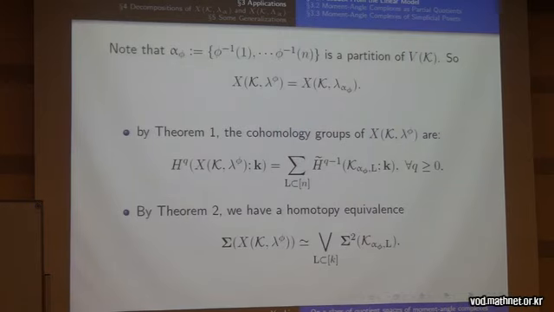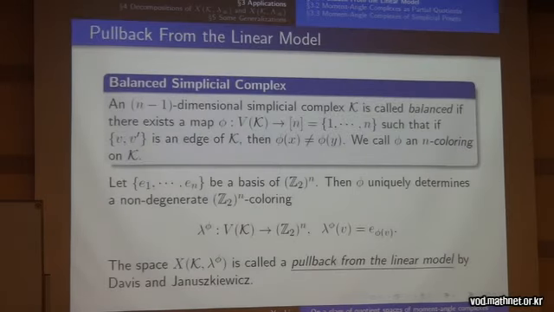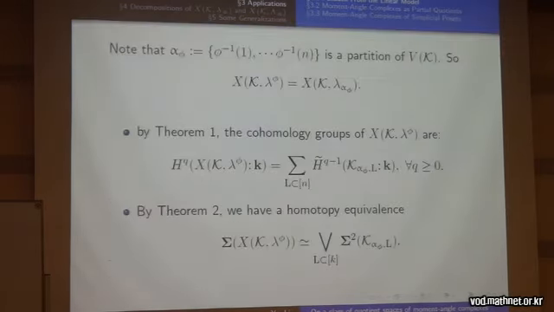So by our notation, the pullback from the linear model can be equivalently written in this way. So it corresponds to the partition defined by phi. Okay.